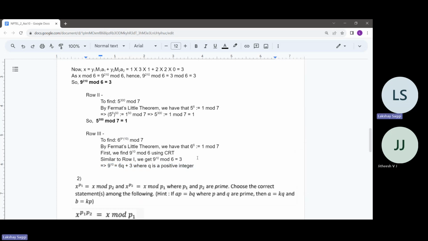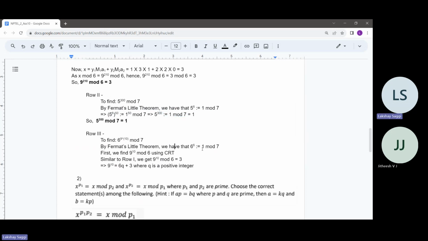What we knew earlier was that by Fermat's little theorem, 6 raised to the power 6 is 1 mod 7. But in the problem, we had 6 raised to the power 9 raised to the power 10, and we did not know by how much power we should raise both sides to obtain something close to this. Like here we knew that we can raise to the power 50 on both sides and obtain 5 raised to the power 300 on the left side.